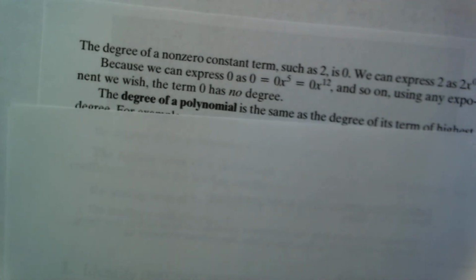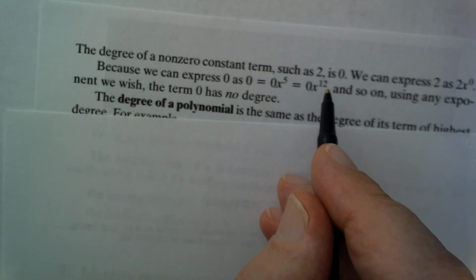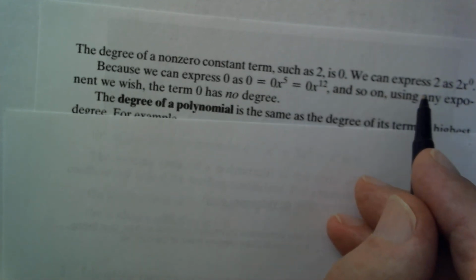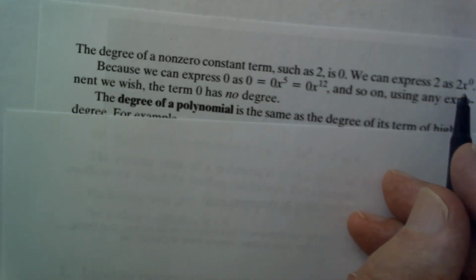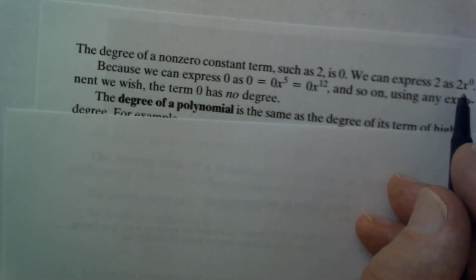So to begin with, when we talk about the degree of non-zero constant terms such as 2, the degree of a non-zero constant term such as 2 is 0, because we can express 2 as 2 times x to the 0, and we know that x to the 0 is equal to 1.